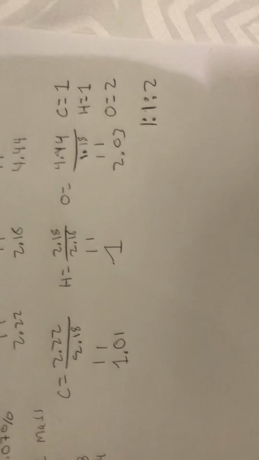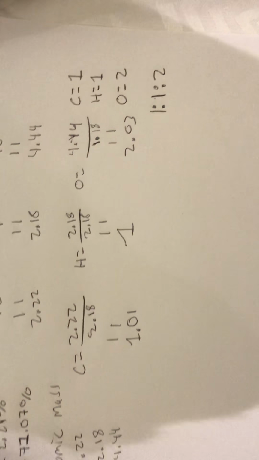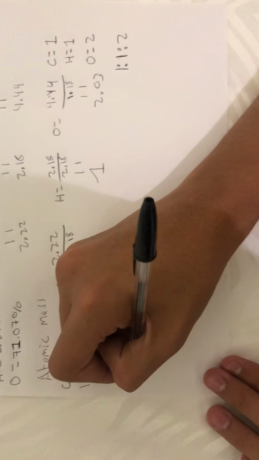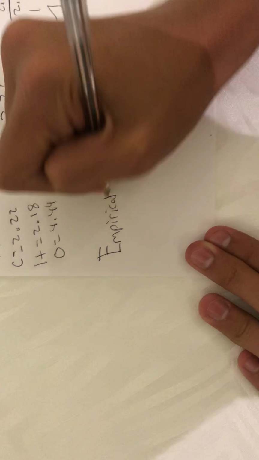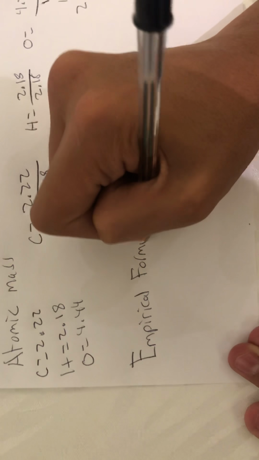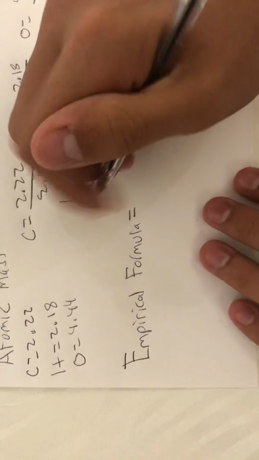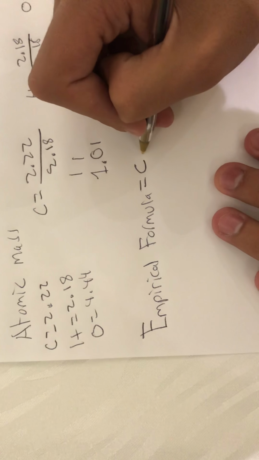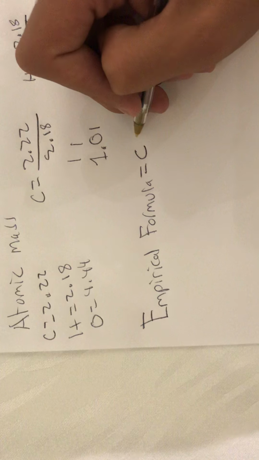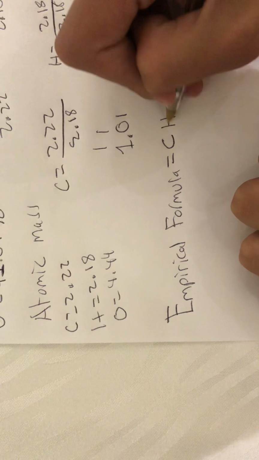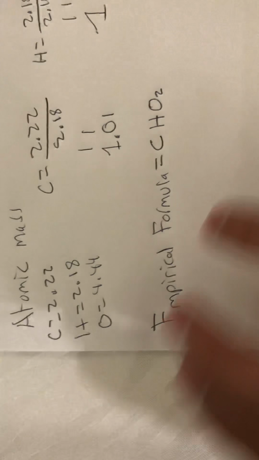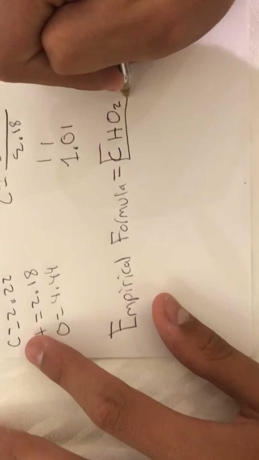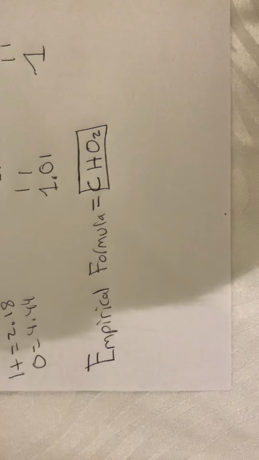The next thing we have to do is just to put the numbers with the letters. So our empirical formula would be carbon, hydrogen, oxygen 2. So this is going to be our empirical formula.